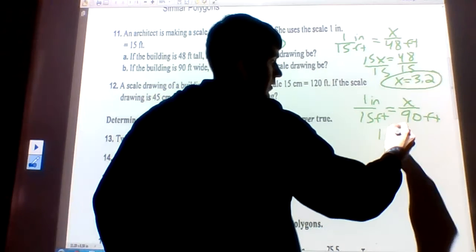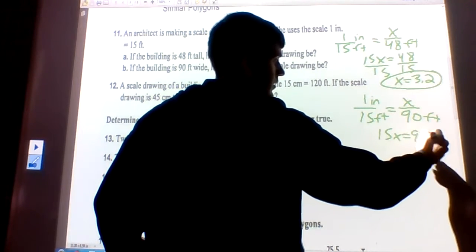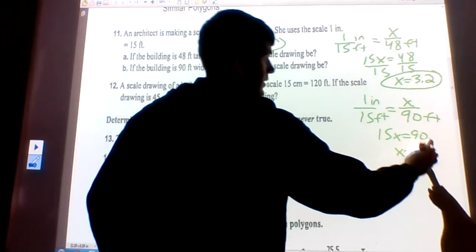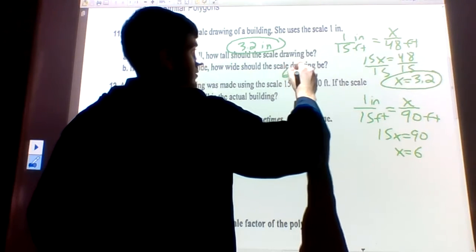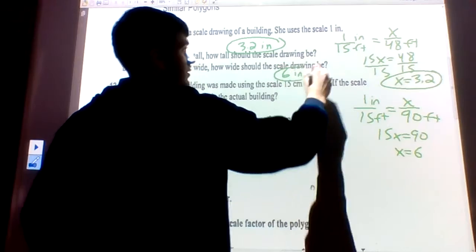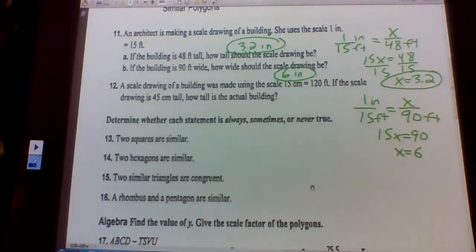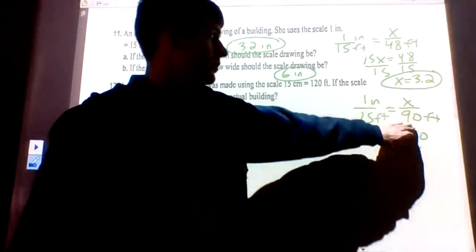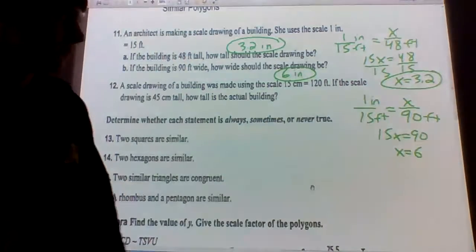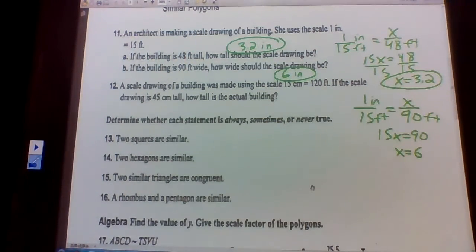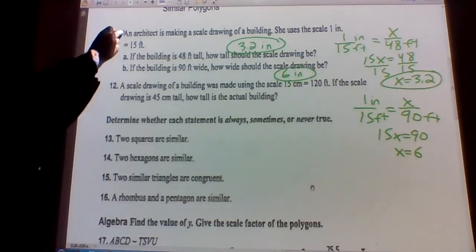You cross multiply, you get 15x equals 90. Divide by 15, x is going to be 6, so that's going to be 6 inches. Okay, so 6 inches on the scale is going to be 90 feet because every inch is 15. So that was 11.